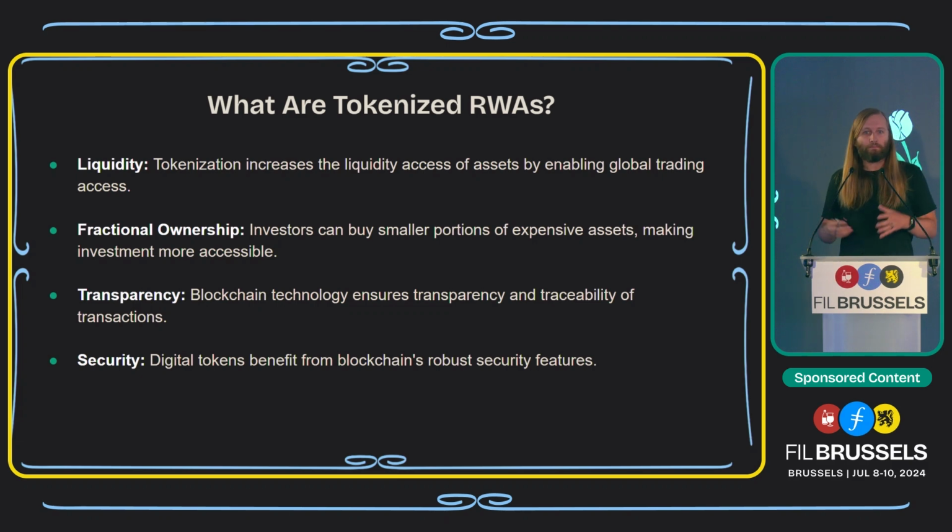Awesome. So some of the main reasons why we want to bring it into the decentralized digital age are liquidity. Tokenization increases the liquidity access of assets and enables global trading. So if you have an asset class inside of a country that is inside a certain jurisdiction, you might only have 3 to 4 potential people that would have enough money to invest in that.